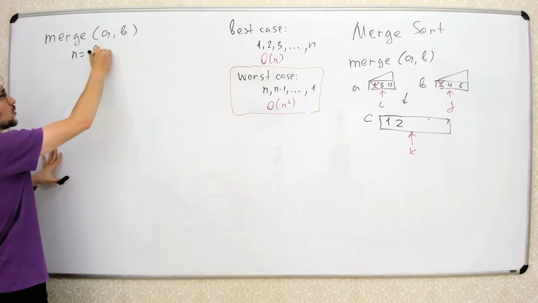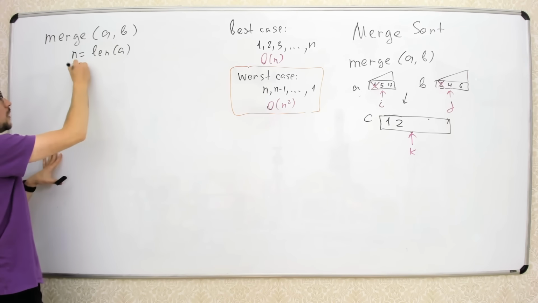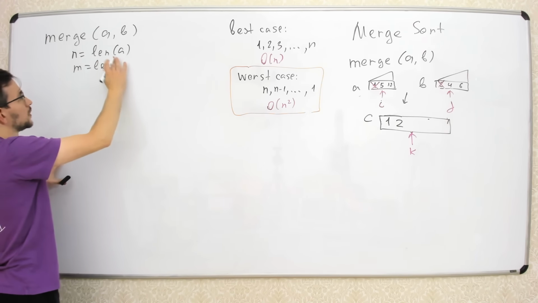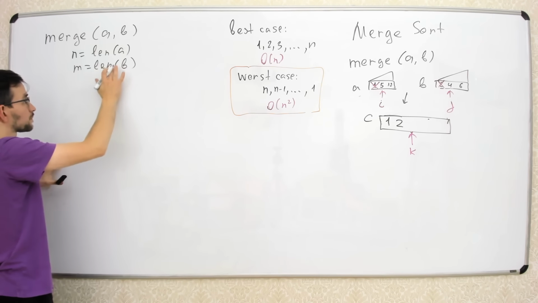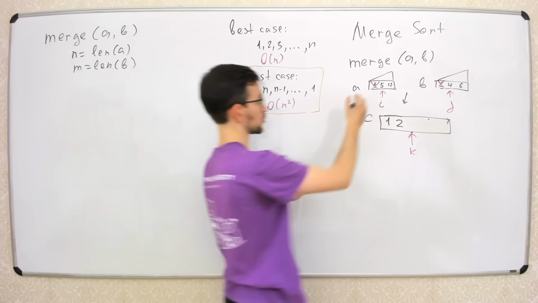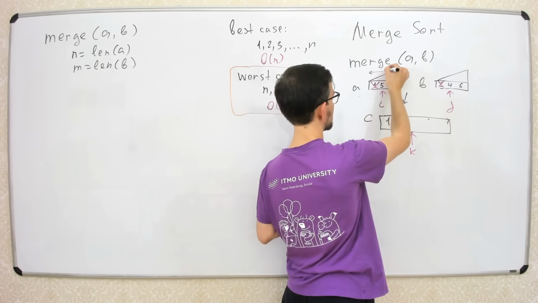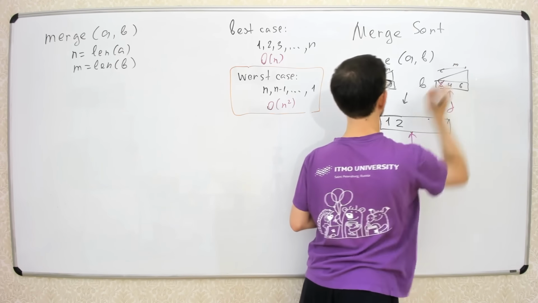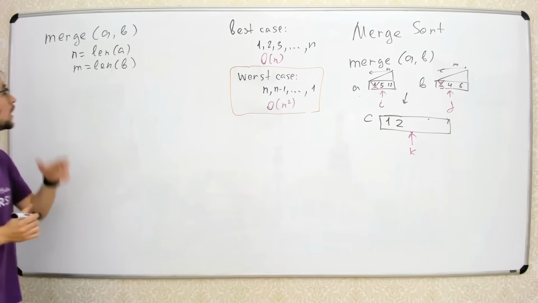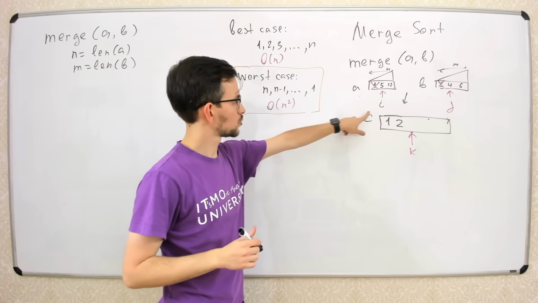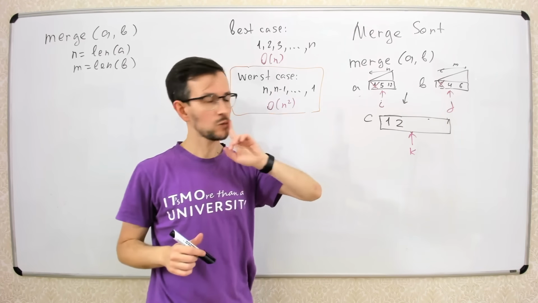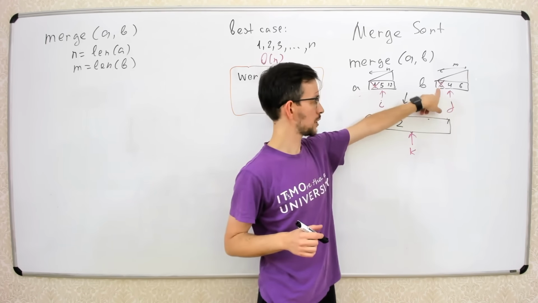Let's say n is the length of A, and m is the length of B. So this is an array of size n, and this is an array of size m. Now let's initialize our variables. In the beginning i is equal to 0, j is equal to 0, and k is equal to 0.